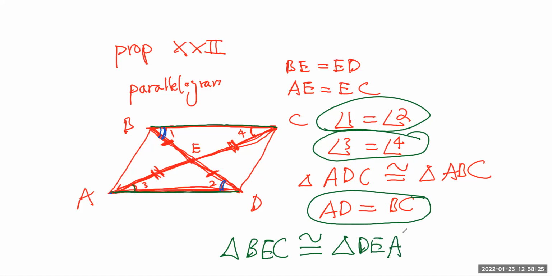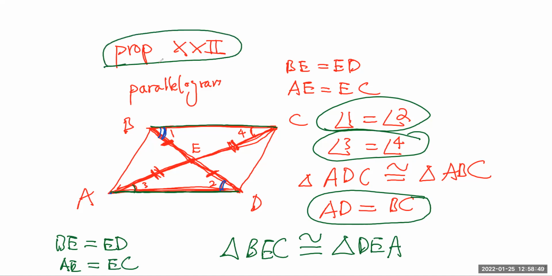Okay. Yep. So as a property of congruent triangles, all the corresponding sides have to be the same. That means BE is equal to ED and AE is congruent to EC. So therefore we prove this proposition.